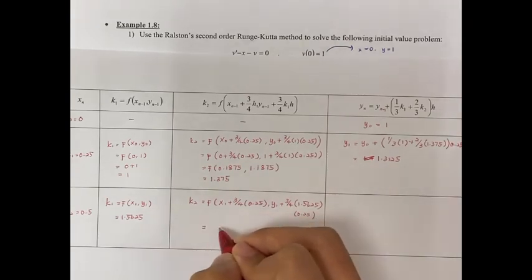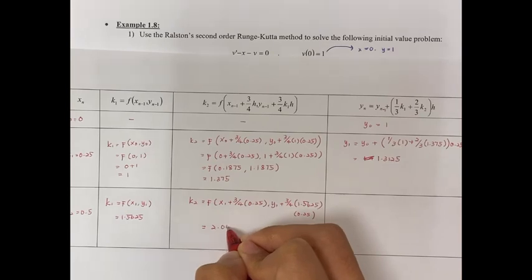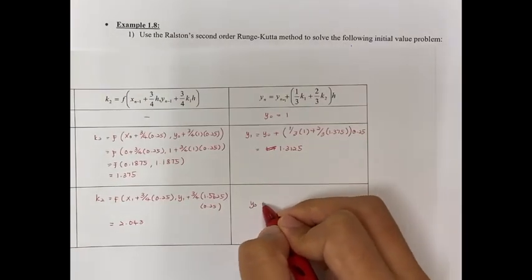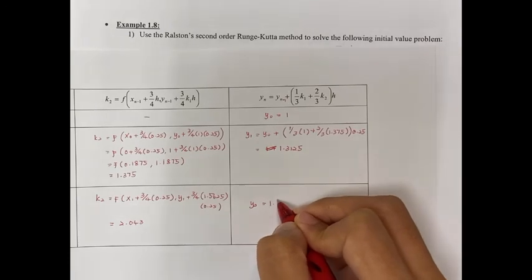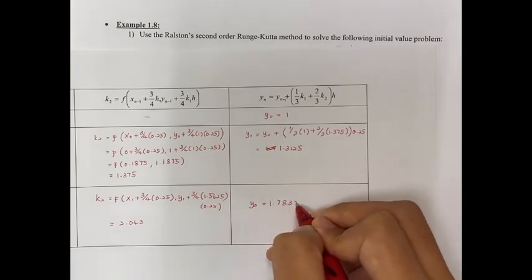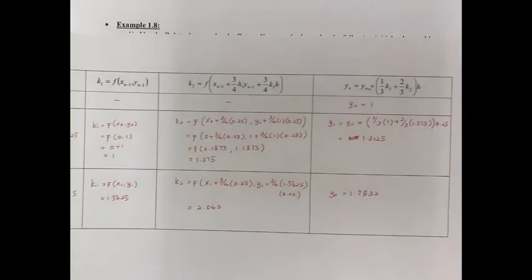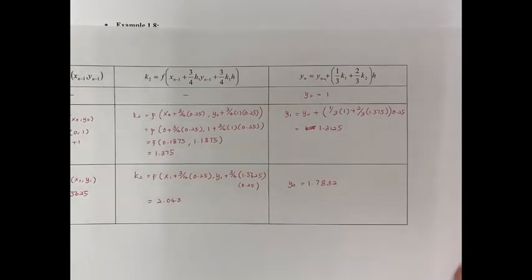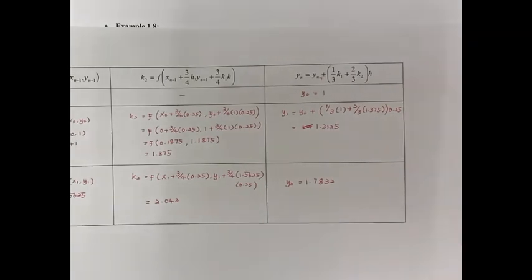For k2, you have 2.043. And last, y2 is equal to 1.7832. You just need to know how to substitute the values using your calculator, and do not make any careless mistakes. Then you are fine.